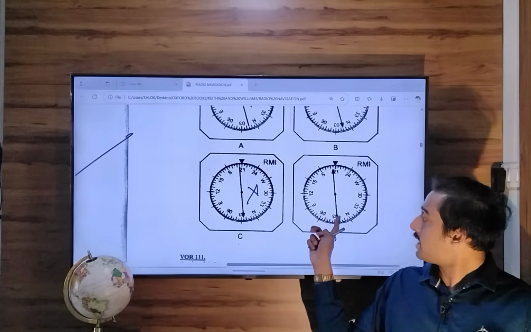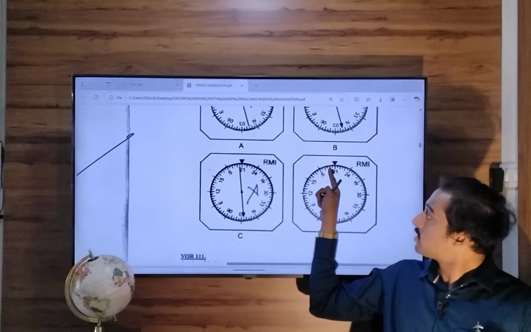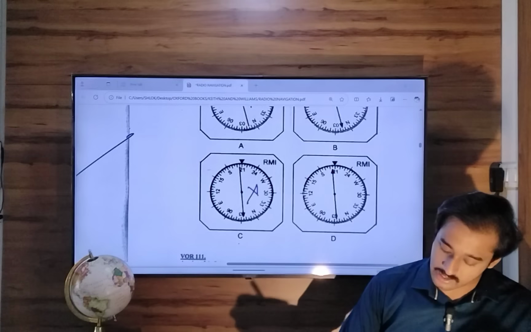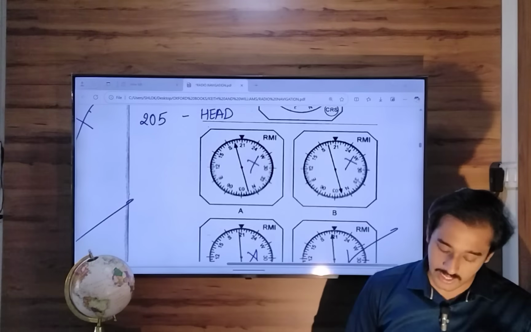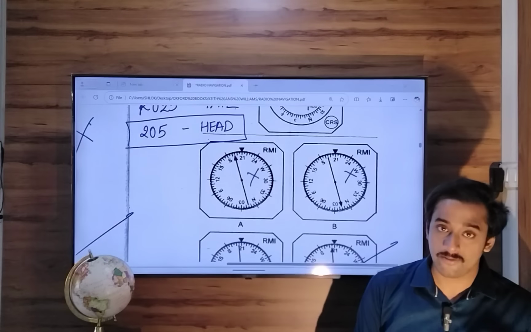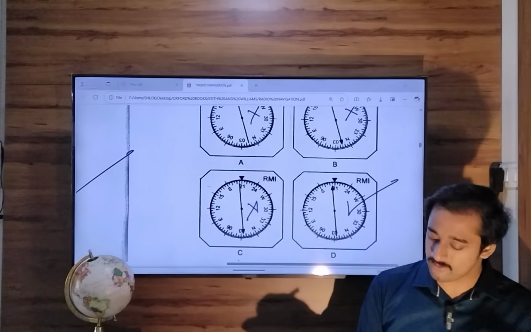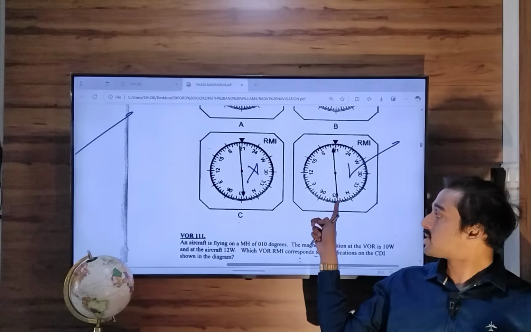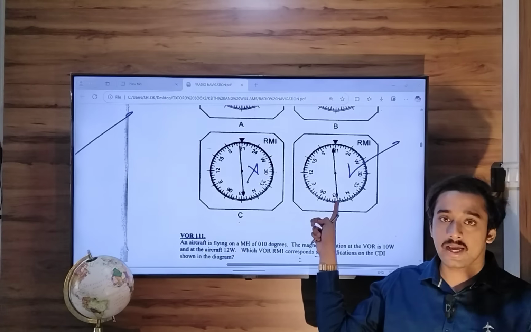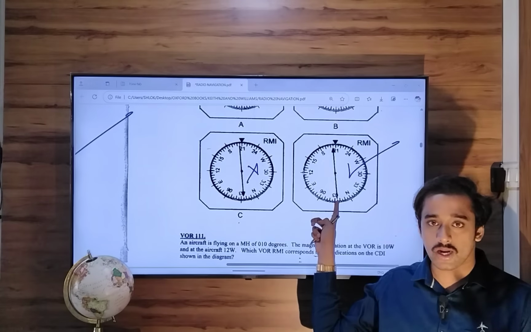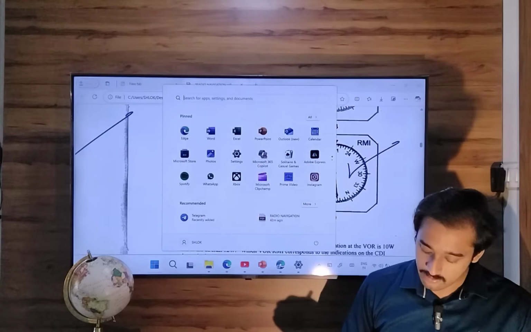In Delta, the head is pointing at 205 accurately. So Delta is the correct option. So the head should point 205. The tail should point 025. So 205 is where the head lies and 025 is the tail, that is the radial on which aircraft is currently situated. So very easy.